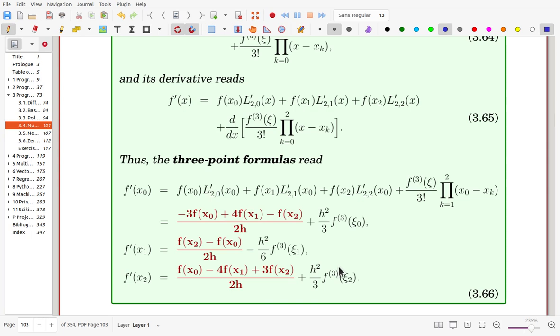Here for the 3-point formula, that is the left endpoint formula. This is the midpoint formula. This is the right endpoint formula. So we got the second order formulas by using 3 points. Okay.